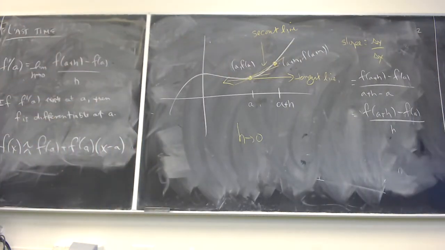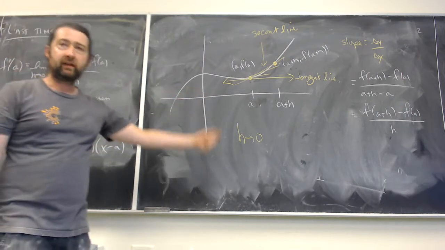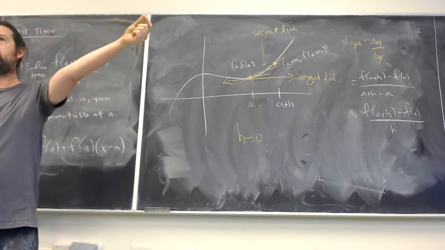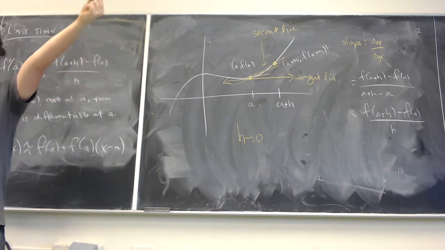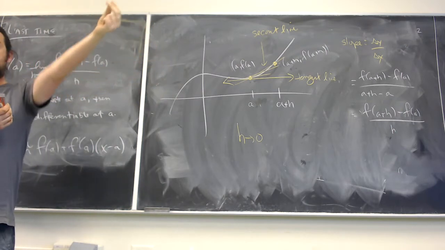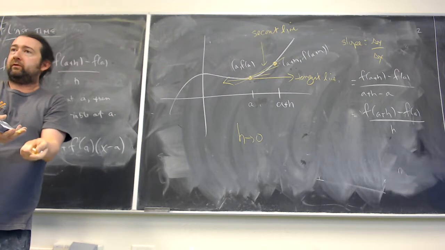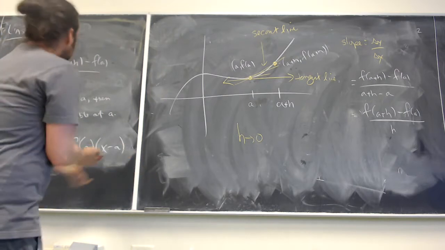Of course, none of this works in 2 dimensions or 3, because there are not directions to slide in from. If I'm at a point on a surface and I connect to some other point on a surface, there's a line that connects me, but the tangent line that comes out is just one possible tangent line to the surface. Okay?